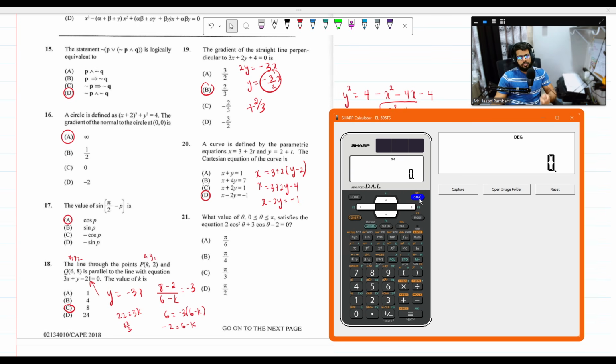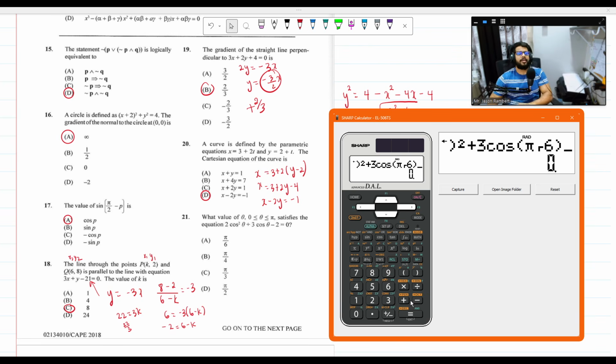Remember, cos squared theta is the same as cos theta squared. So let me change my calculator to radians. 2, open brackets, cosine of pi on 6, all squared, plus 3 cosine of pi on 6. I'm not going to put the minus 2, for a good reason.